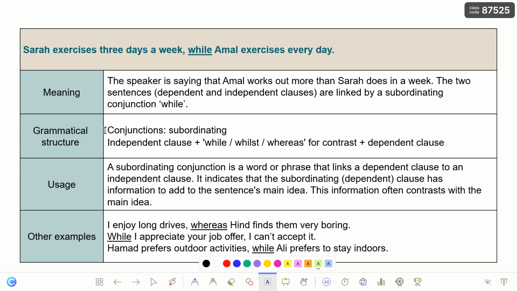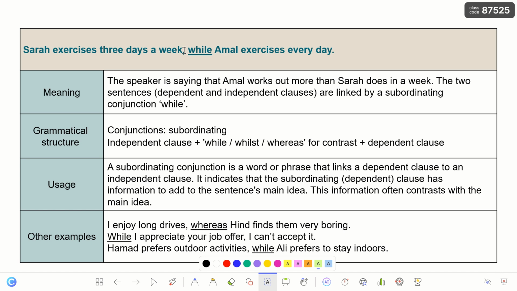We have dependent clause and independent clause. independent clause هي الجملة المستقلة اللي بتعطيني معنى كامل. independent clause هي جزء من الجملة معتمد في معناه على جزء آخر، يعني لوحده ما بيكتمل معناه. So Sarah exercises 3 days a week. This is an independent clause. If I only say this sentence, you can understand the meaning.